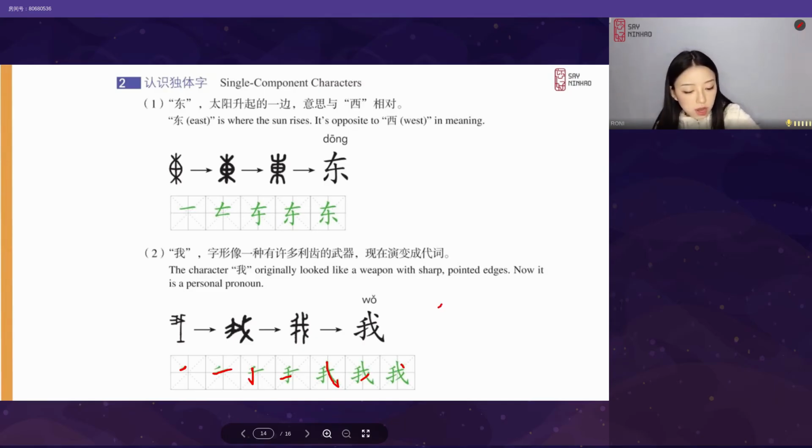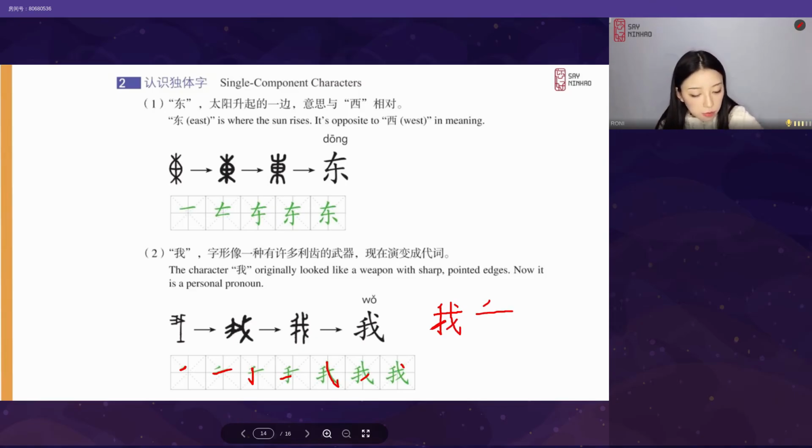First, a short left falling, and then a longer horizontal below it, and then a vertical hook, and then a rising. Okay, this rising must cross the vertical hook, and then a slanting hook, and then a left falling, and then a dot. Try to write it with me again.